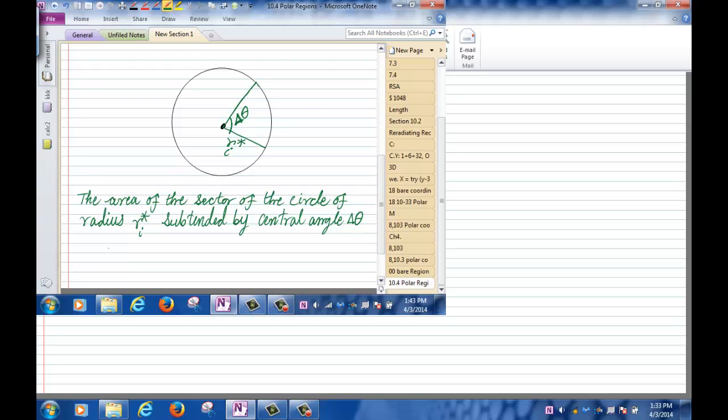Okay, so what is this area? Anyone? Can anyone tell me what is the area of the sector?